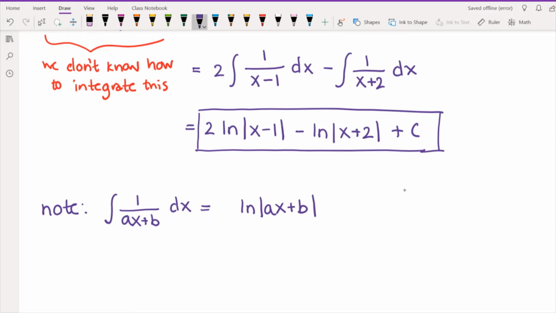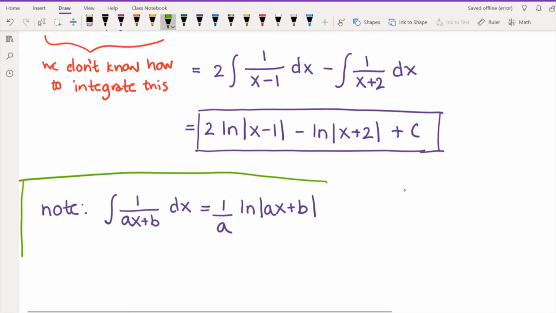But if this had instead been 2x − 1, then we would have to multiply by a half to get rid of the extra 2 that would come out from using the chain rule. So in general, you would do 1/a, whatever that leading coefficient is, times ln of absolute value of ax + b. This is an important fact to be aware of. You can always just use substitution, that's fine, but it's nice to be able to do this in your head a little more quickly.